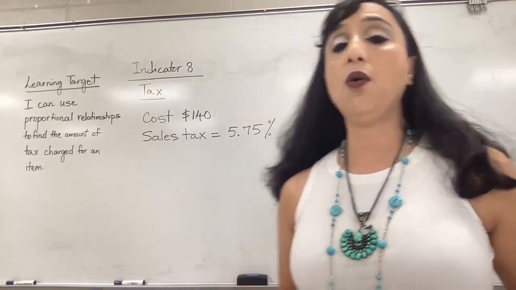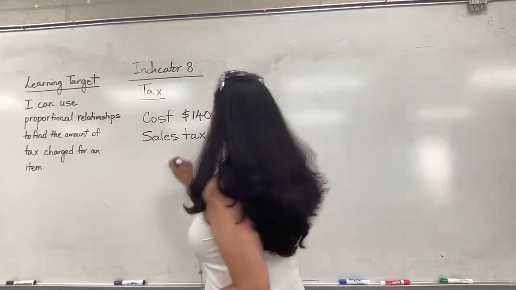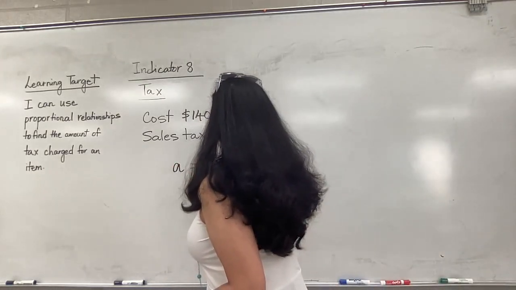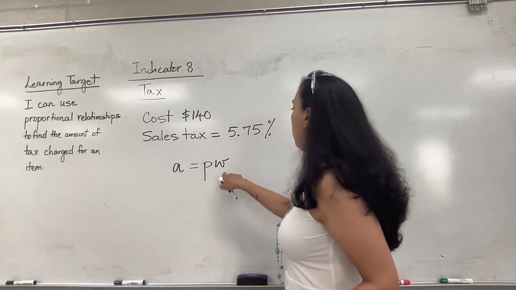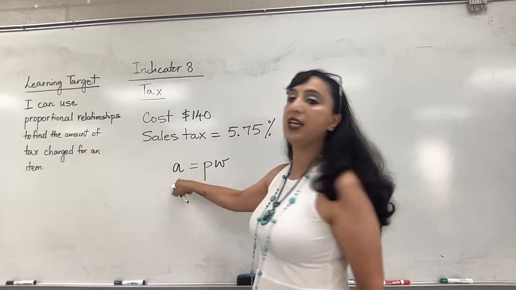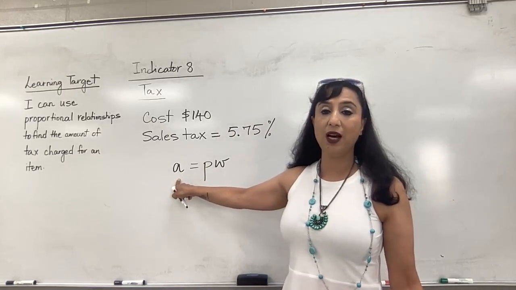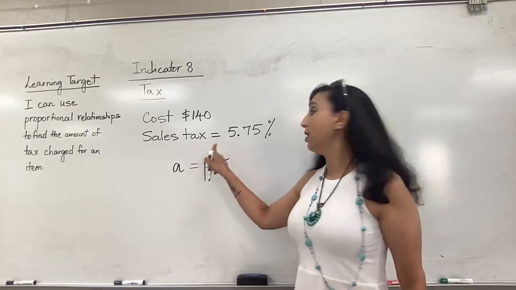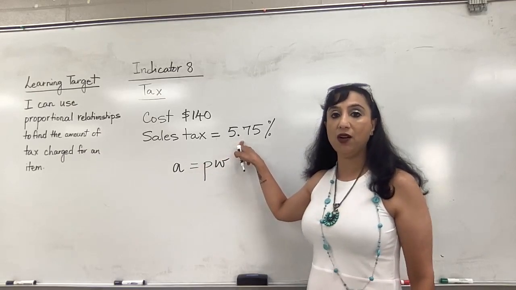When we take this formula, A is equal to PW, we have the P, we have the whole, and we are trying to find this part, which would be the amount of tax that we are paying, so that it can be added on to the cost.